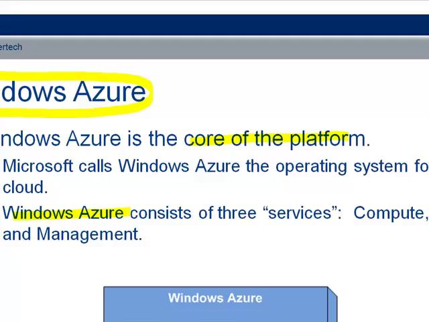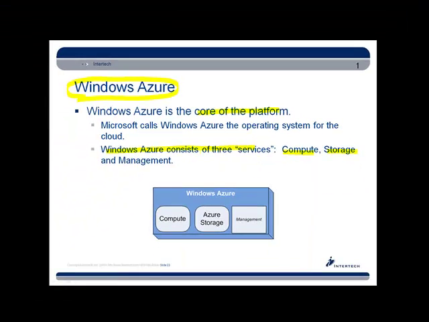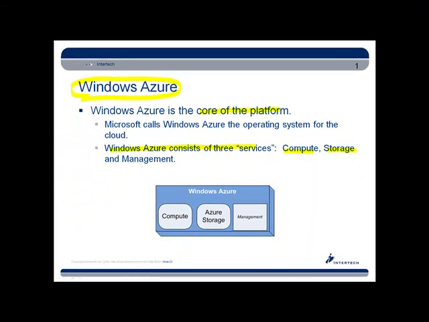In other words, Windows Azure consists of 3 different what we call services. Something called compute, which is where our code actually runs, things like our web and worker roles. Something called storage. Azure Storage provides a set of capabilities to persist data in 3 different forms, which we'll talk about, along with management capability, the ability to actually track and manage and get information from this environment about what's going on.